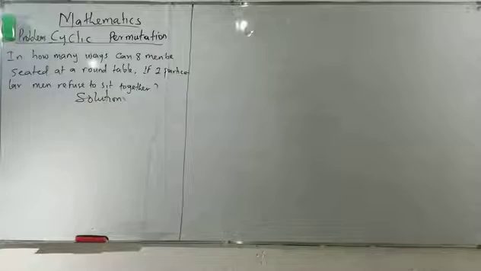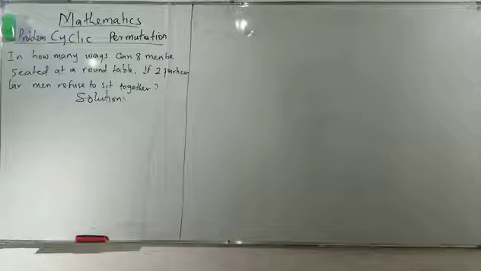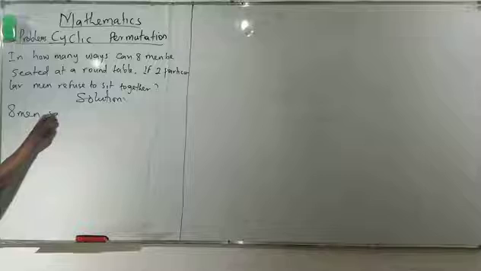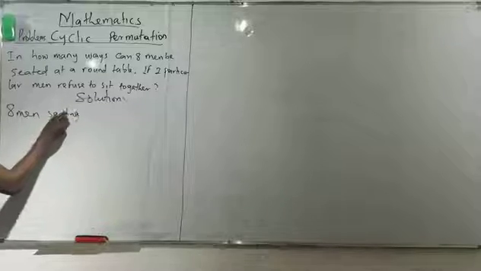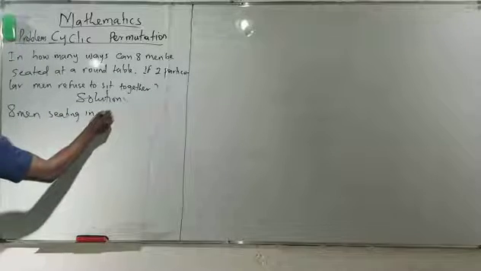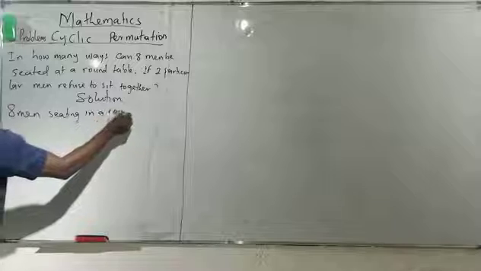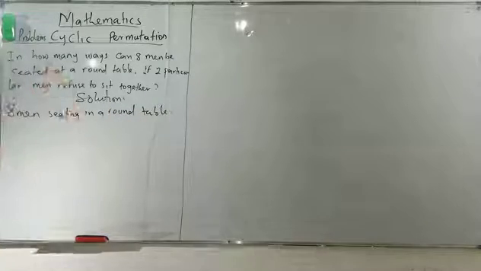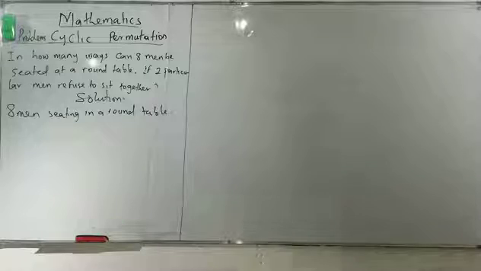Now, the first thing I need to know is, okay, 8 men sitting in a round table. That is the first thing you do. 8 men sitting in a round table.